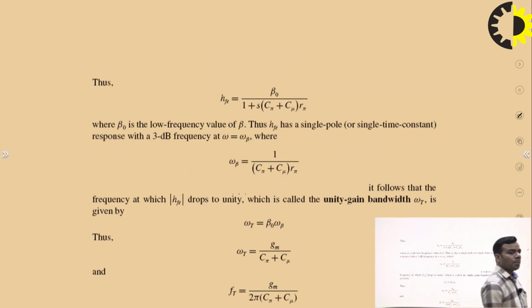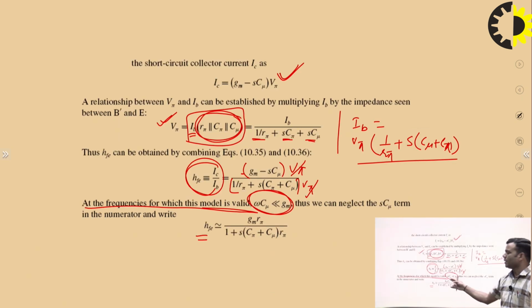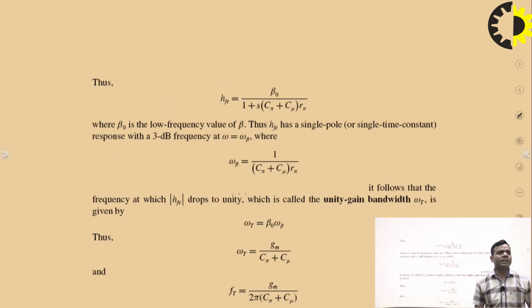Now actually we are going to find the unity gain frequency. In this case you can easily write that this is Gm R pi. We already know that Gm R pi is equal to beta, or more correctly beta naught, and beta naught is the low frequency value of beta. hFE has a single pole, or single time constant response, with a 3 dB frequency.